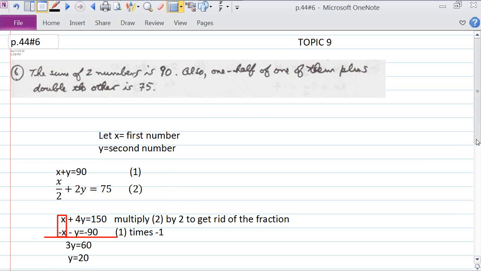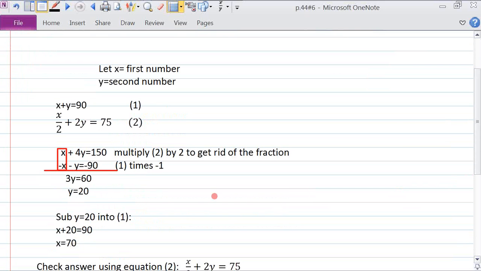Okay, so now what we're going to do is multiply equation 2 by 2 to get rid of the fraction. So here we're going to multiply each term by 2. That'll give us x: 2 times x over 2, the 2's will cancel, and we're left with x. 2 times 2y equals 4y.